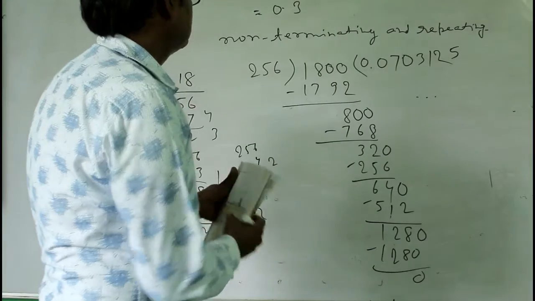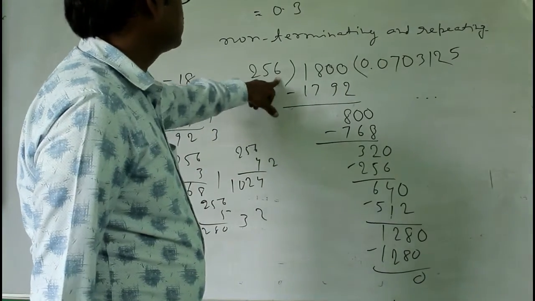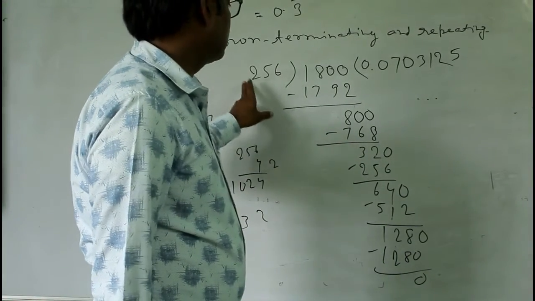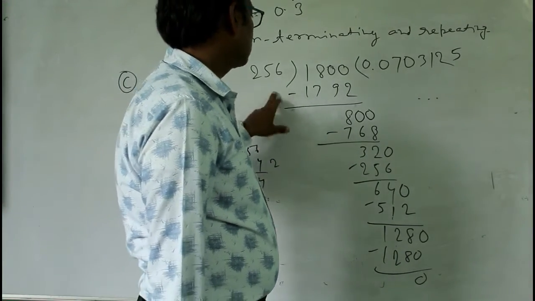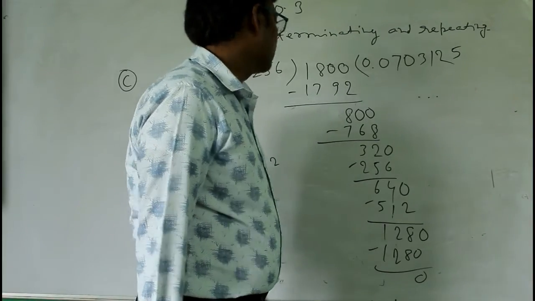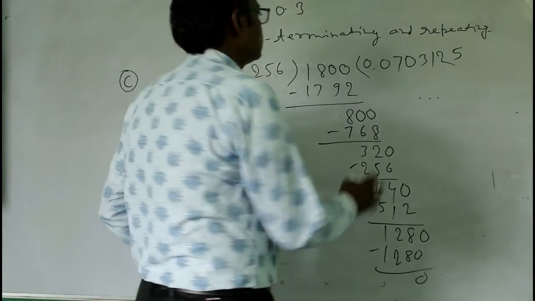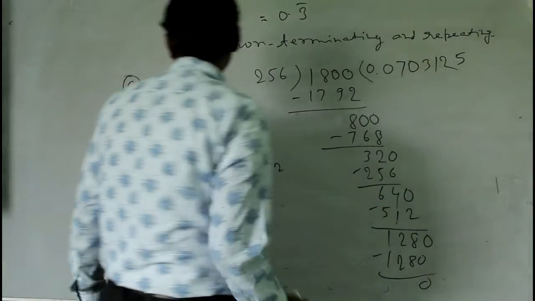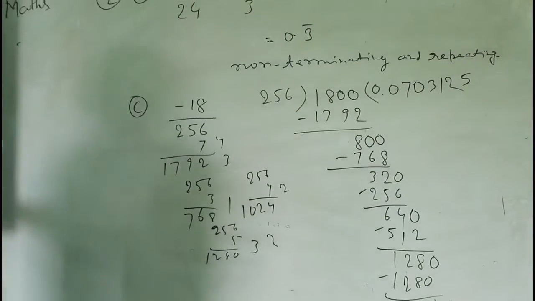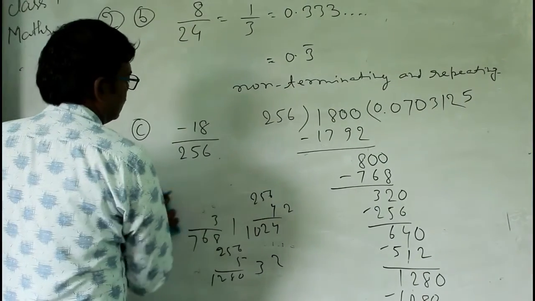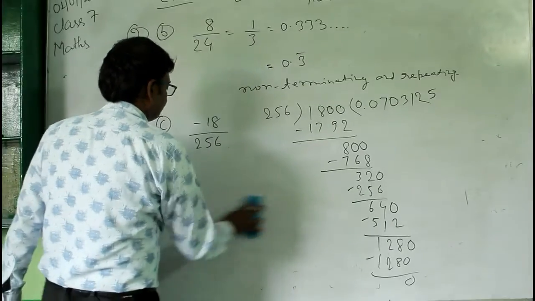Now see that here it is 256 and then when you divide, after some steps, that is first, second, third, fourth, fifth, after the fifth step it stops. So this is the answer of this question. What is the name of this decimal? This will be a terminating decimal.